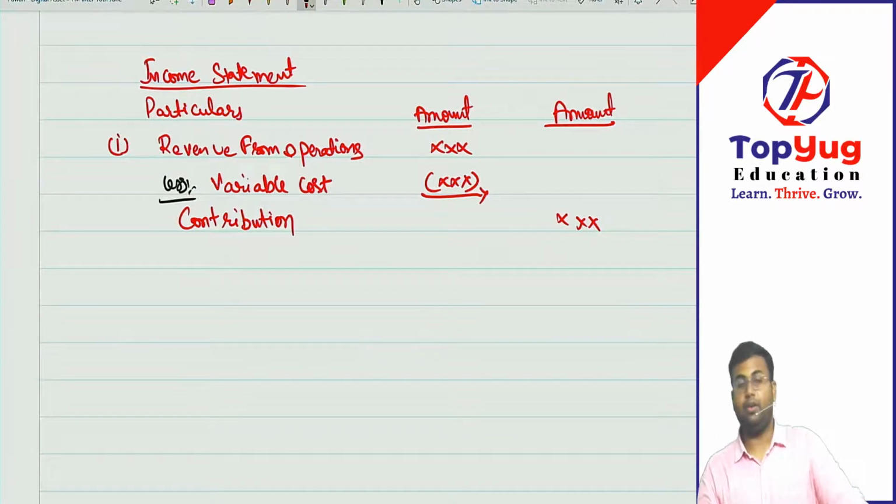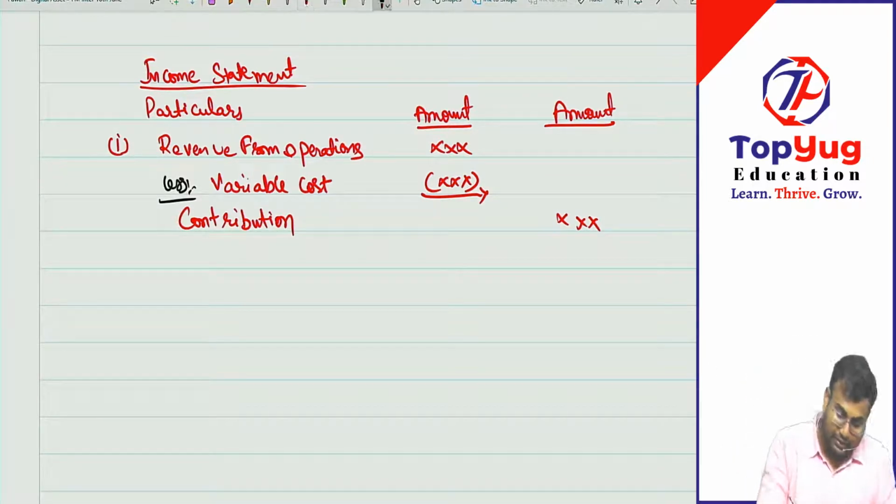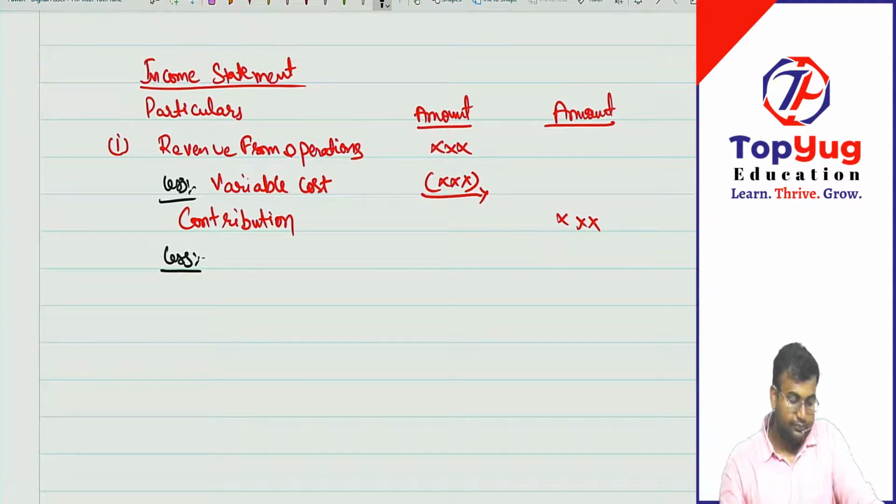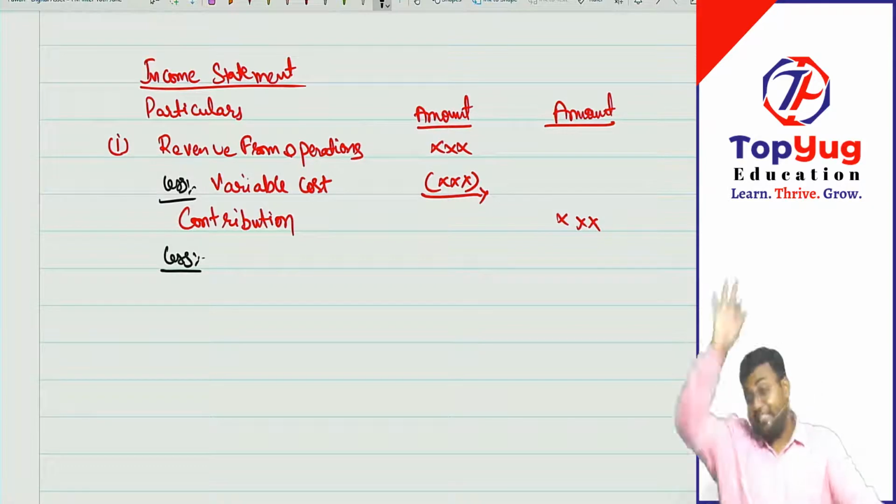Number called contribution. Are we all good here? Done, guys? Right? Less. Only faculty is there.